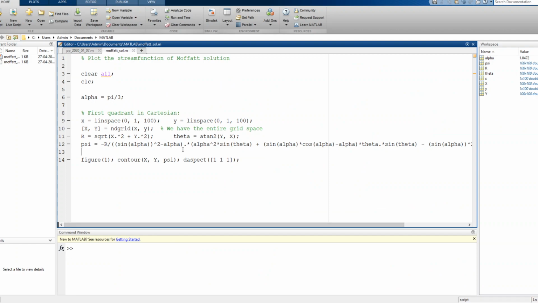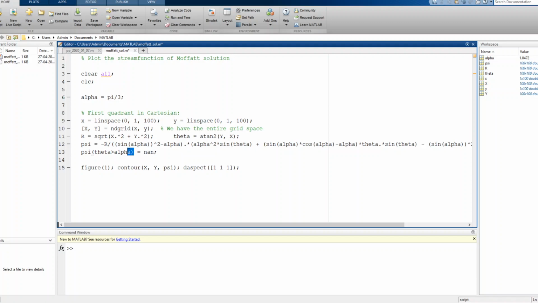So what should we do? So we do a small trick. So psi of all values such that theta is greater than alpha should be set as nan, because once you set something as nan, it does not come up on the plot.